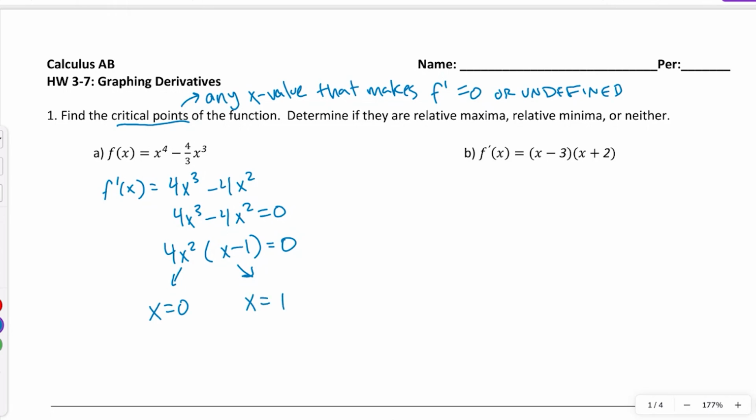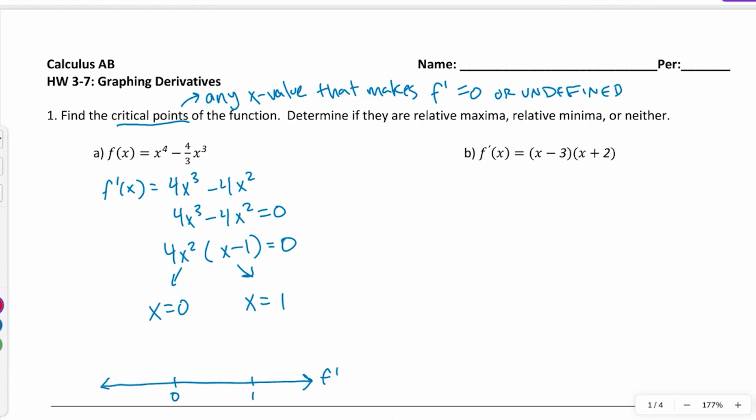Now, to determine what's going on at these x values, we are going to have to create a little number line chart, a little sign chart here for f prime. We're going to put 0 and 1 here and try to figure out in each of these intervals whether or not the function's positive or negative.